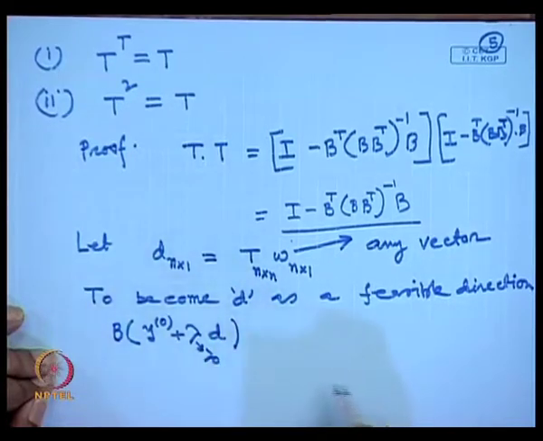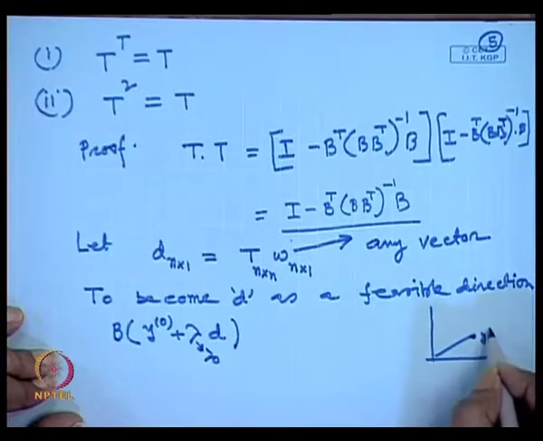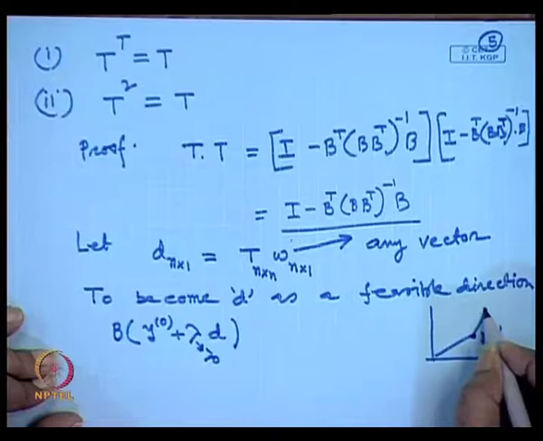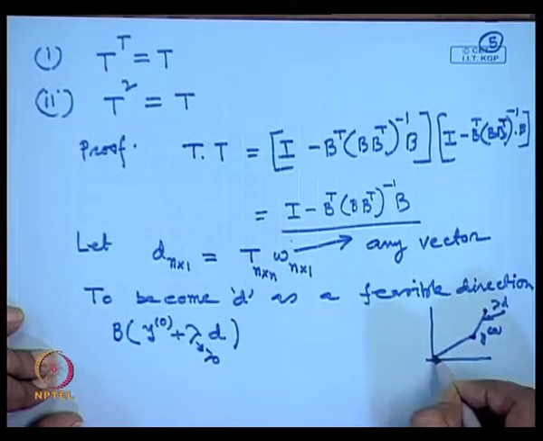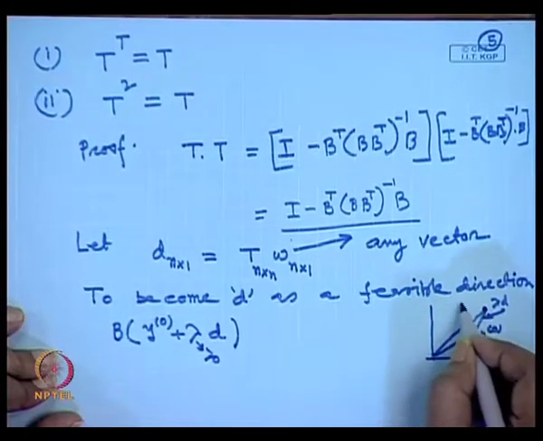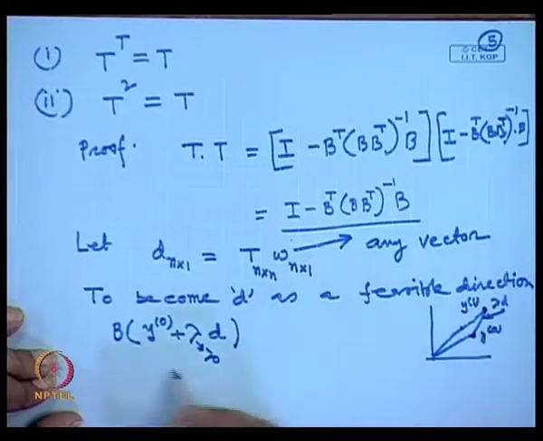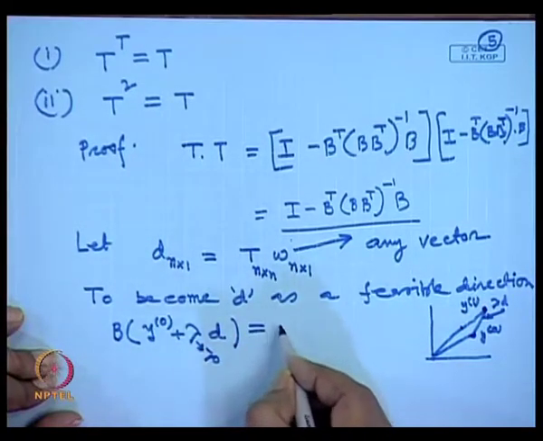That means, if you think of the two dimensional case, we are here now at y0, and we move some distance in direction d. That quantity is lambda into d, and our new point is y0 plus lambda d, which must satisfy our equality constraints, that is, equal to b.